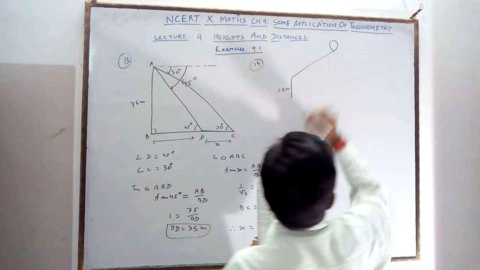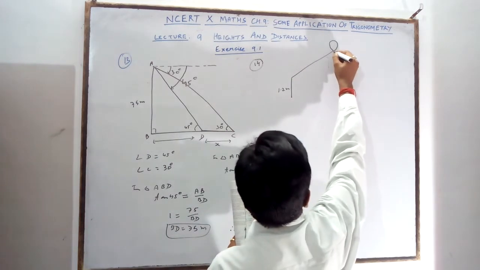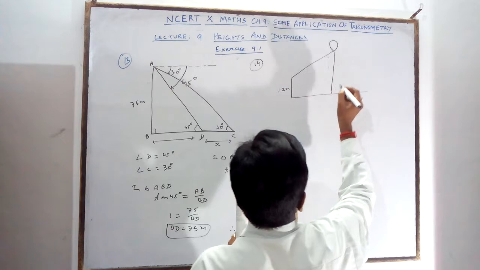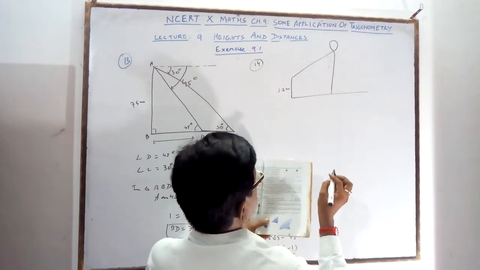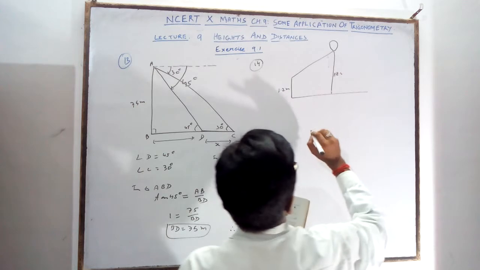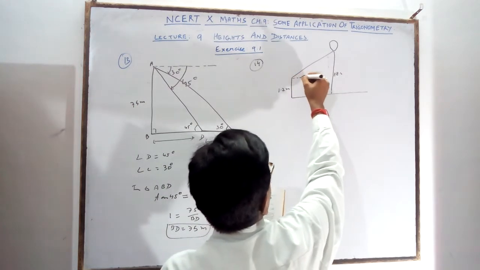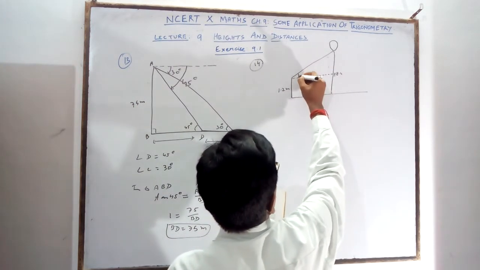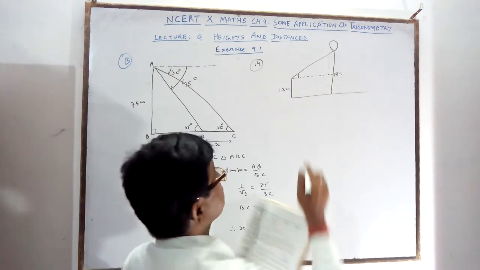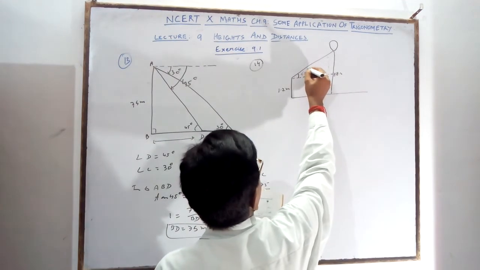She is seeing this balloon, which has a height from the ground. On the ground she is, and this is given as 88.2 meters. The angle of elevation she observes is 60 degrees.